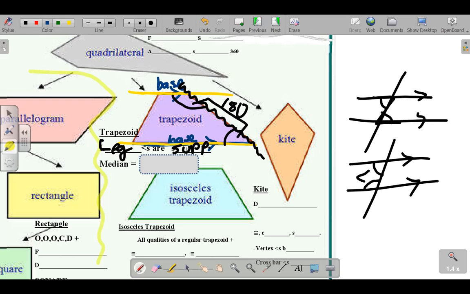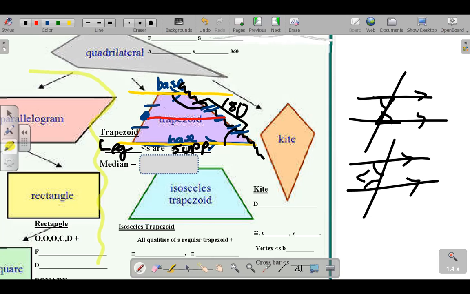Ready? I'd like you to eyeball the midpoints on either side of the legs. Connect. We connect those midpoints. Taylor, what's that red segment called there, if it connects the midpoints? Yeah, that's a median.